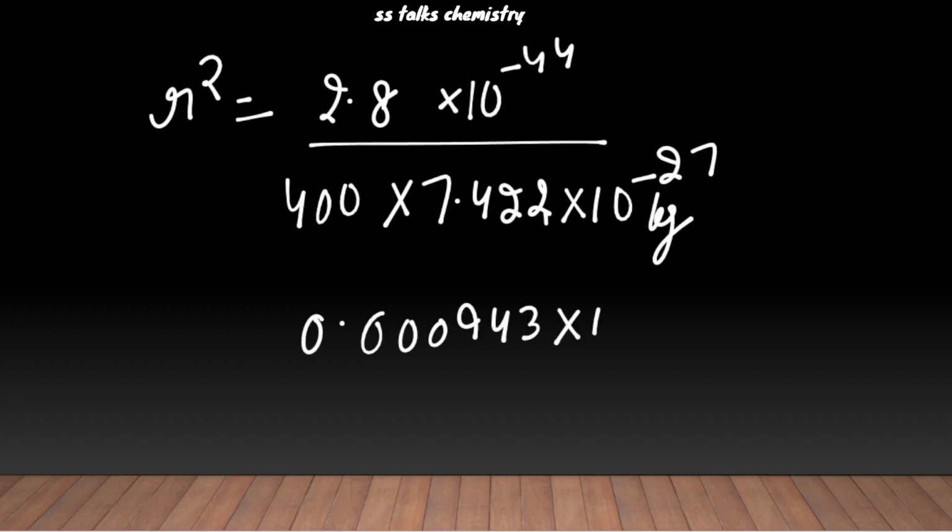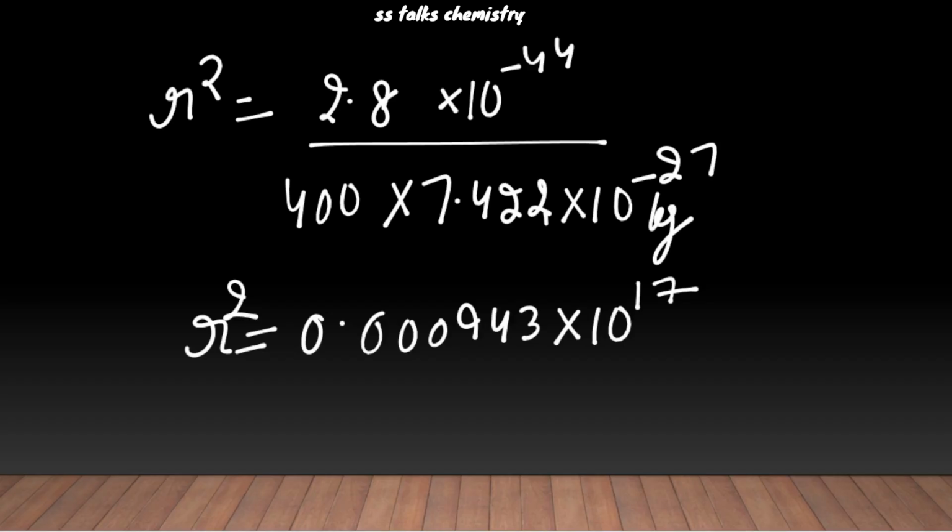0.000943 into 10 to the power of, now it is minus 44 plus 27, that is becoming 17, right? So now you have to take the under root. So this is the value of the r square that we are getting, right? This one we can write like this also.